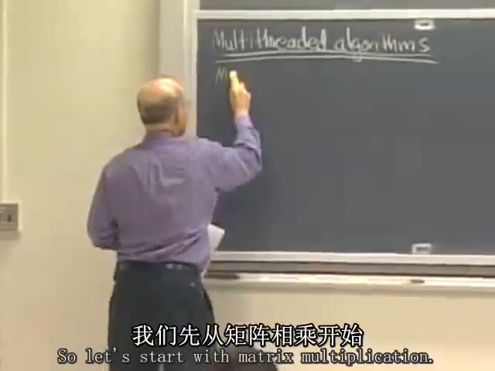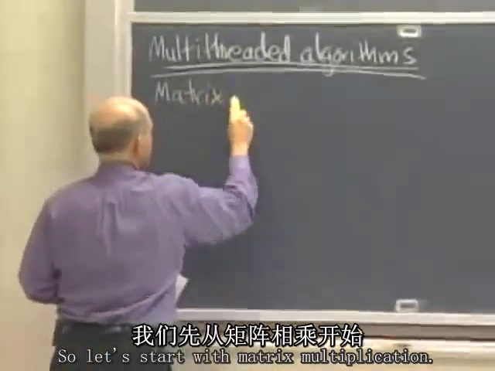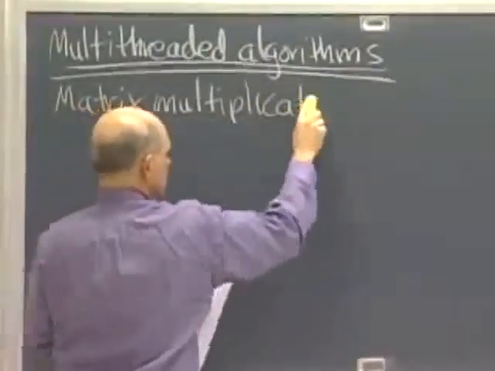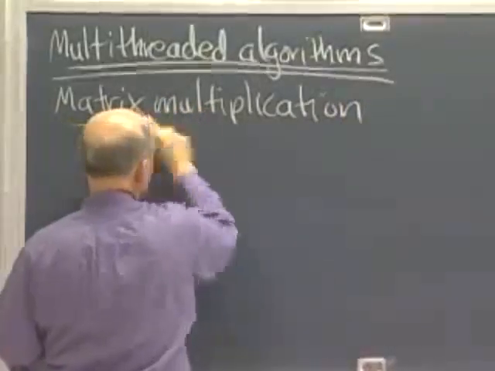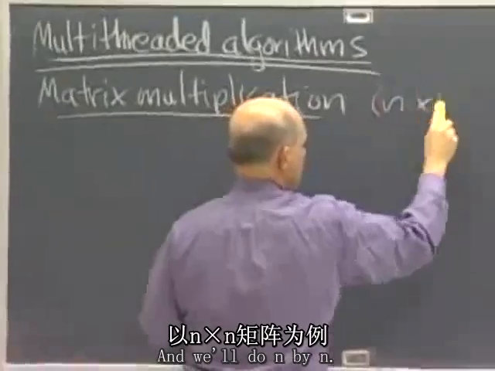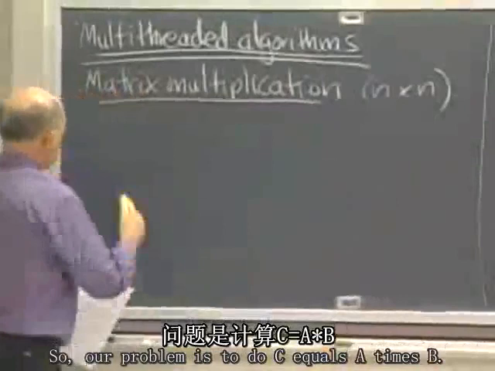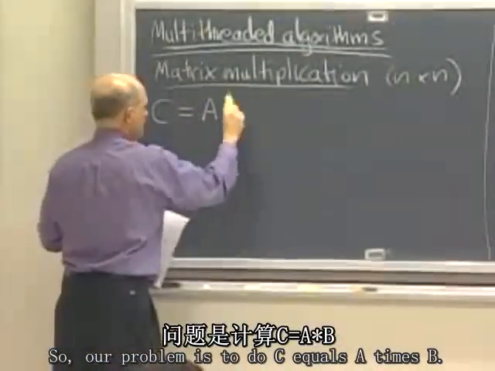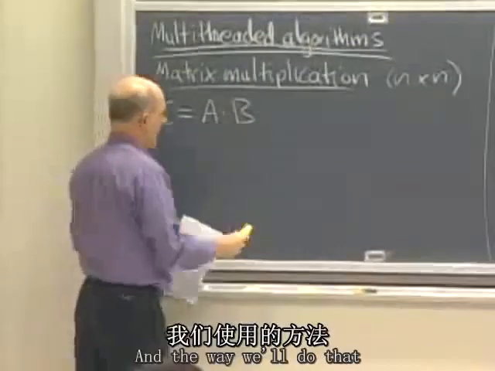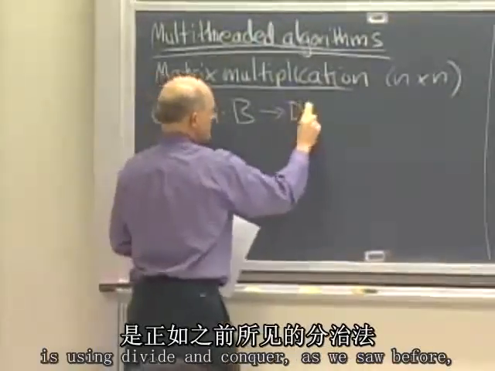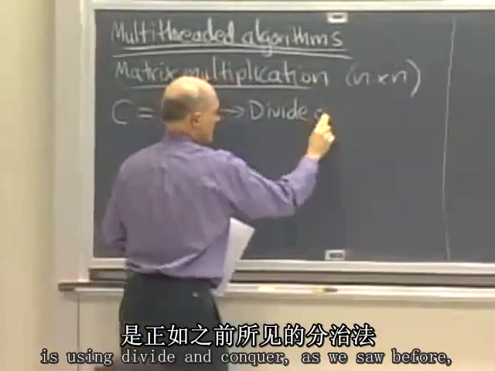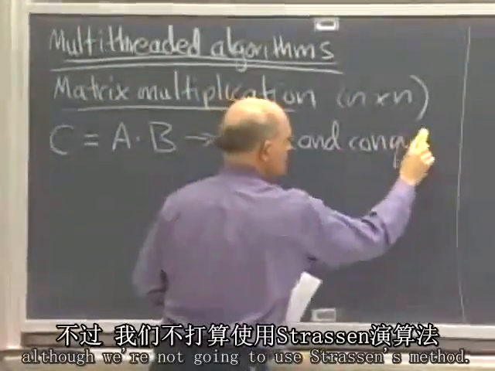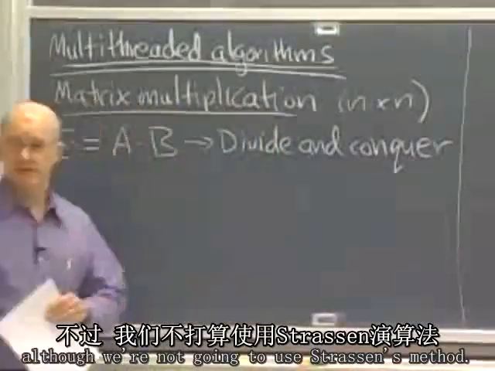So we'll start with matrix multiplication. And we'll do n by n. So our problem is to do C equals A times B. And the way we'll do that is using divide and conquer, as we saw before, although we're not going to use Strassen's method.